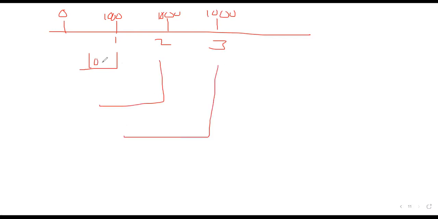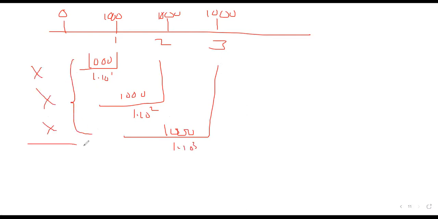So here we're going to divide this one over 1.10 to the power 1. Here 1,000 over 1.10 to the power 2. Here 1,000 over 1.10 to the power 3. So when you get these present values here, here, here, the total is what we are getting as 2,487. It's called an annuity present value.